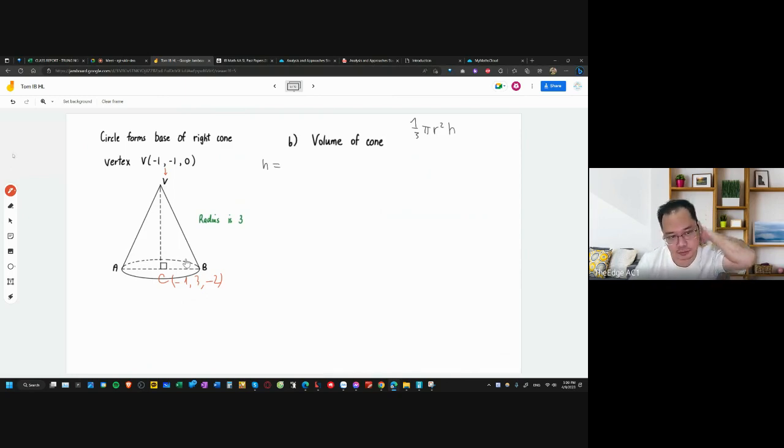Calculate the distance VC. For the minus sign, you need to put a bracket in front of it, or just write plus. And don't forget the square root symbol.